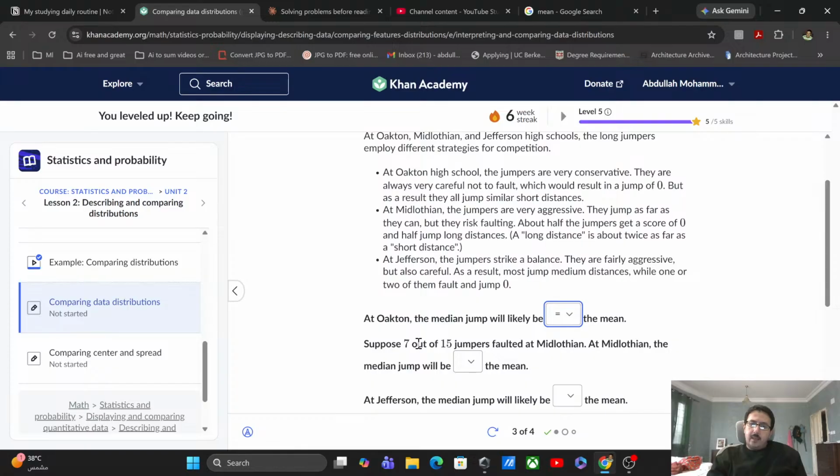No, 8 and 8 is 16. 15 jumpers, what's half of 15? 7 and a half.